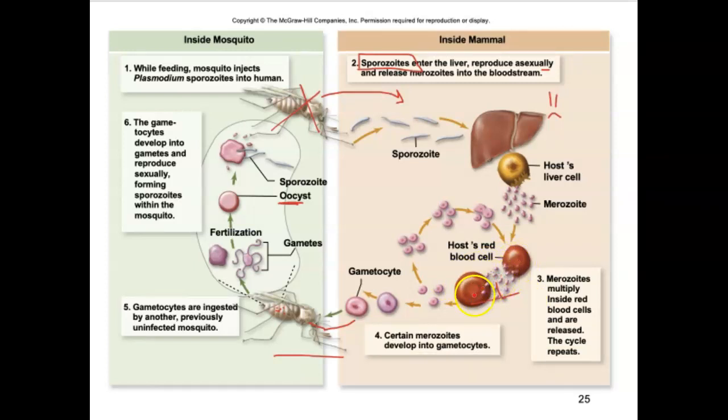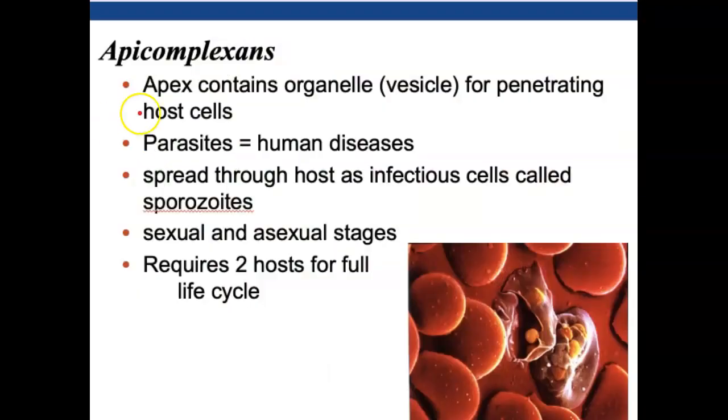But if some get in here, they just reproduce and they build up their numbers. So again, we need to come up with long-term effective strategies that work here. But the apicomplexans all fall under the alveolata because of that apex, that vesicle for penetrating the host cell.